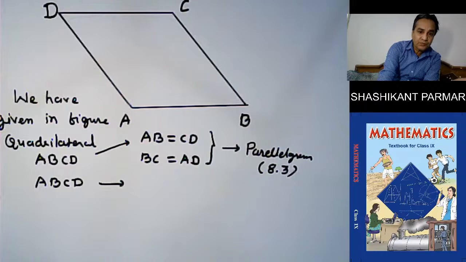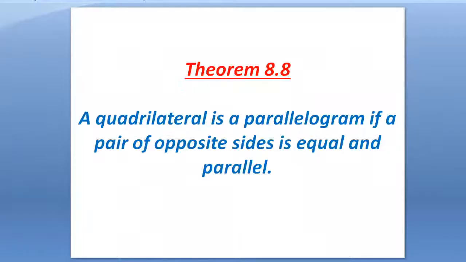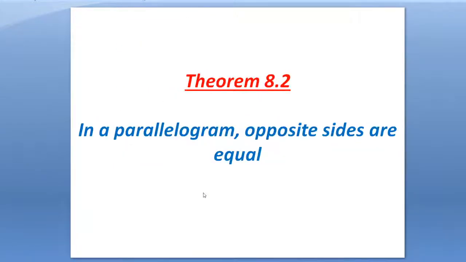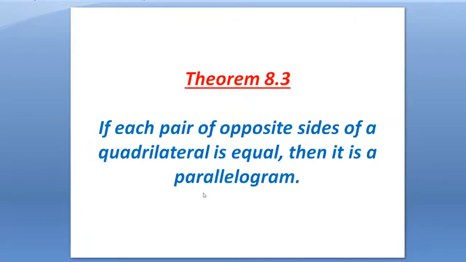Now let me show you again. If each pair of opposite sides of a quadrilateral is equal, then it is a parallelogram. This says theorem number 8.3. You have already studied it.